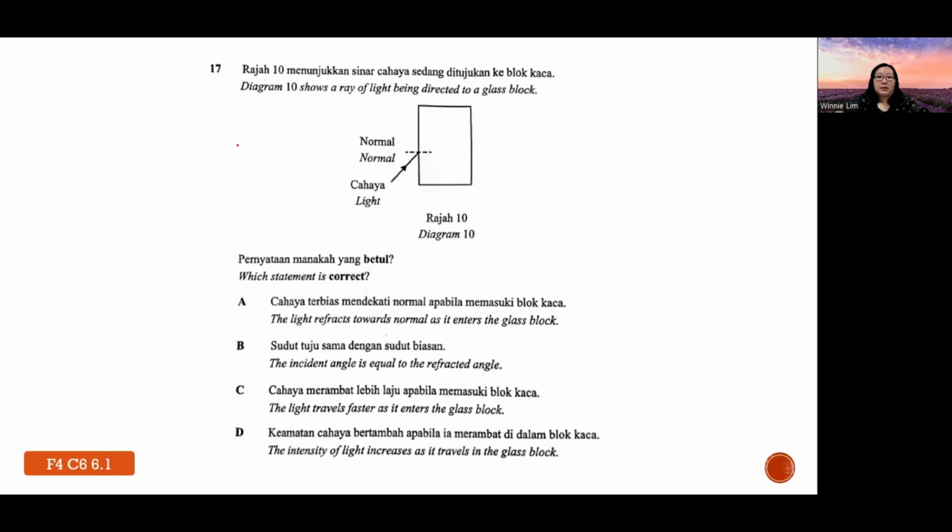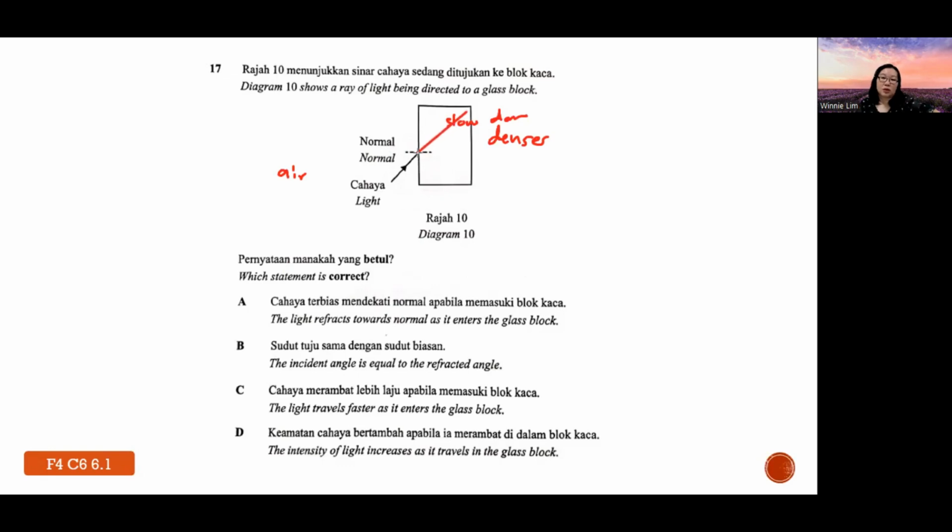Number 17, diagram 10 shows a ray of light being directed to a glass block. Which statement is correct? Okay, so when the ray travels from air toward a denser medium, glass, right? Okay, so basically the ray will slow down. If it is slowing down, that means the ray will refract towards the normal.